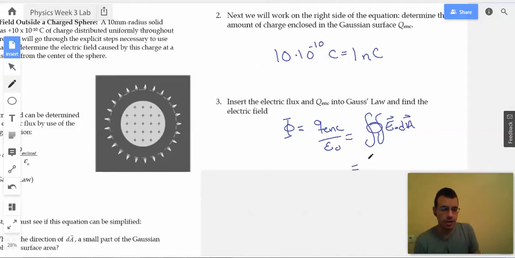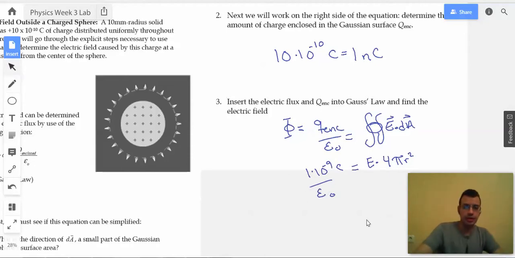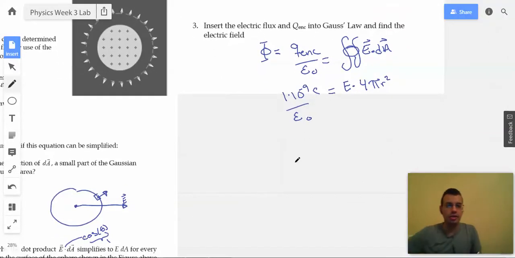This is going to be E times 4 pi r squared, which equals 1 times 10 to the negative 9th coulombs over epsilon naught. You know everything here. So therefore, E equals 1 times 10 to the negative 9th times 1 over 4 pi epsilon naught over r squared.